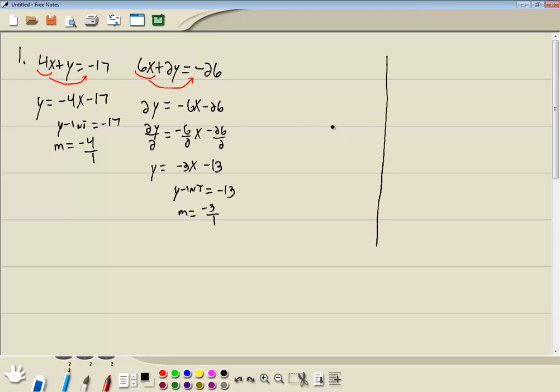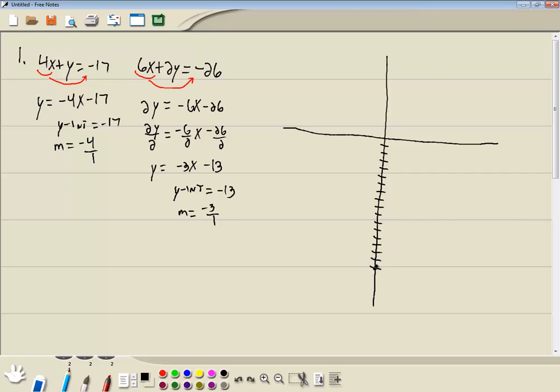This might be a little tricky. Negative 17. 1, 2, 3, 4, 5, 6, 7, 8, 9, 10, 11, 12, 13, 14, 15, 16, 17.